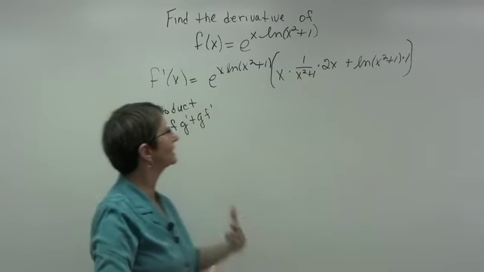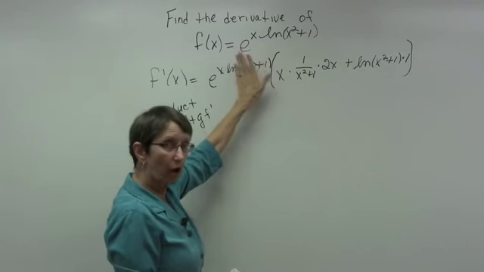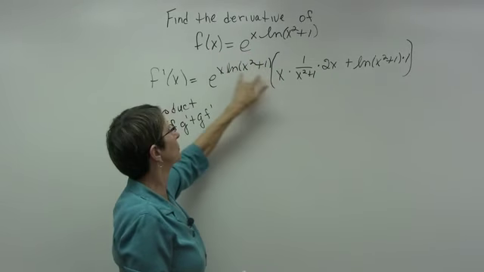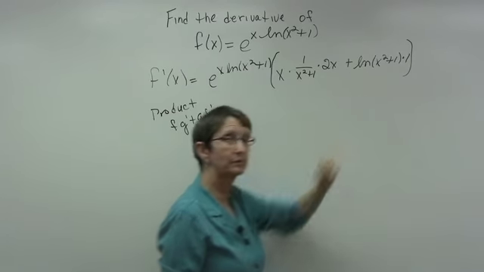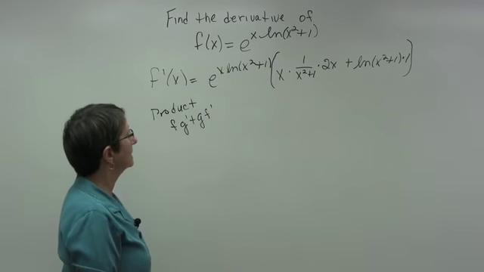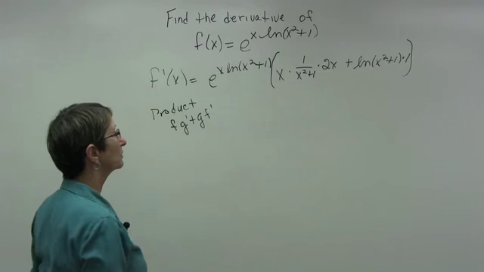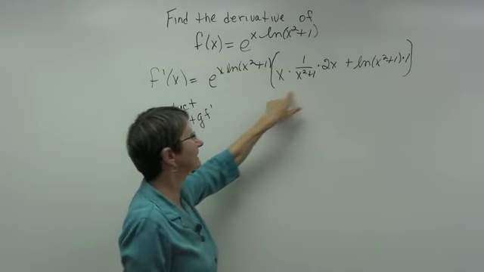And so that finishes up the product rule for the exponent, which is the inside function. First times derivative of the second plus second times derivative of the first. And you may need to leave it like that. You can do a little cleaning up, combining these terms.